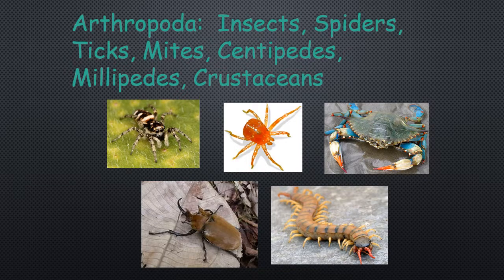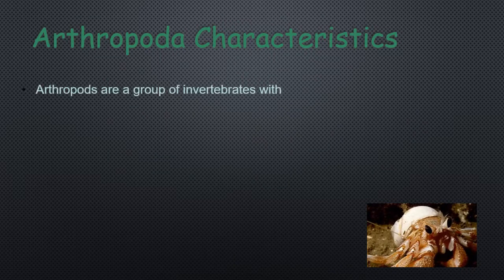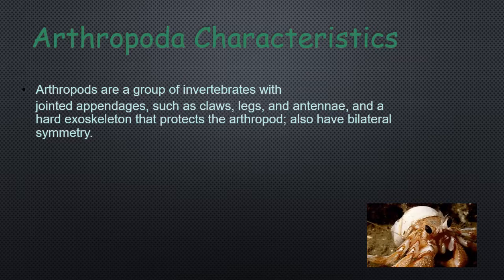Then we have Arthropoda as our next phylum, and this contains a lot. Our 3 main groups are insects, arachnids, which are spiders, and crustaceans. Arthropods are a group of invertebrates with jointed appendages, such as claws, legs, and antennae, and a hard exoskeleton that protects the arthropod.